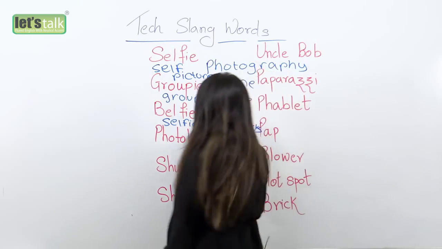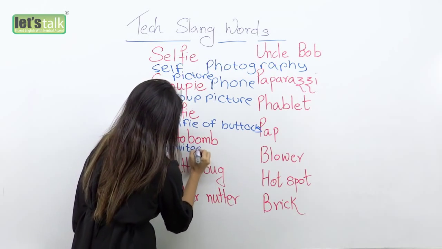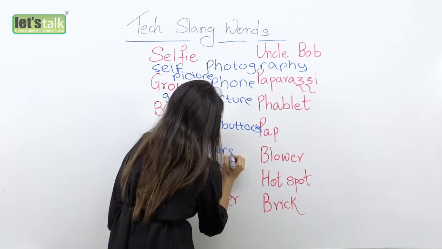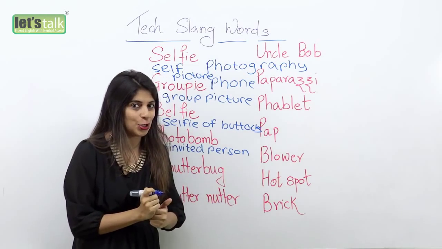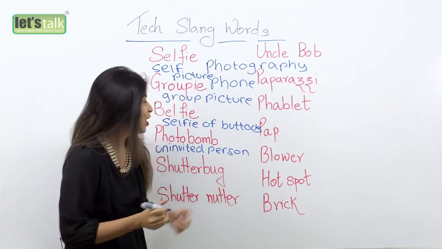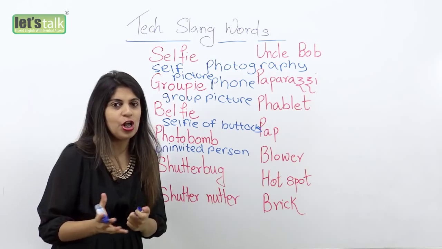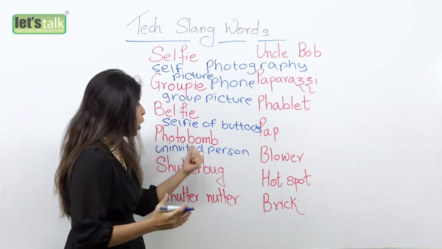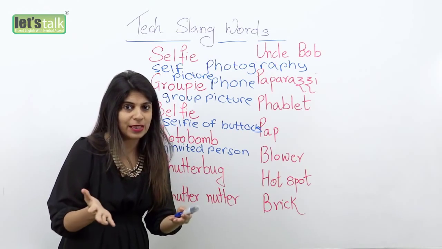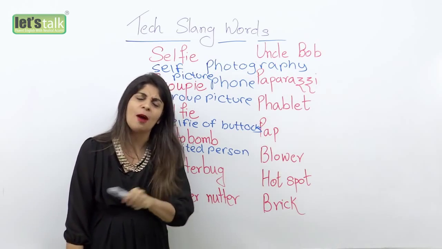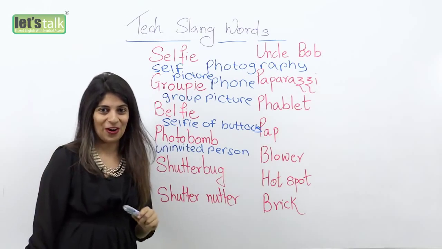So an uninvited person who just hops into your picture while it's being clicked is called a photobomber. And if you see someone doing that, you would say, hey, would you please stop photobombing my picture? Okay, so that's the word.